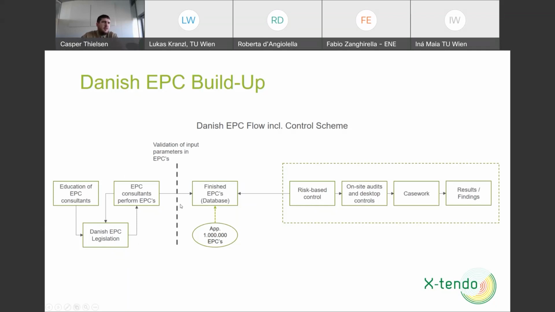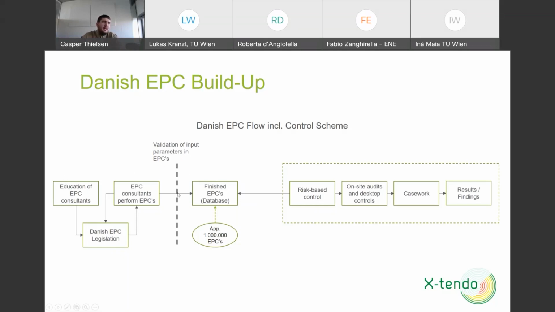But the most important part is that we have implemented validation of input parameters in our EPC, and I can see that was also one of the questions in the chat. So where should the validations actually be implemented? We have implemented it in our EPC issuing programs.